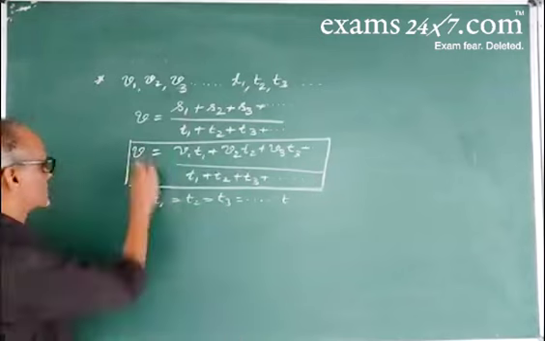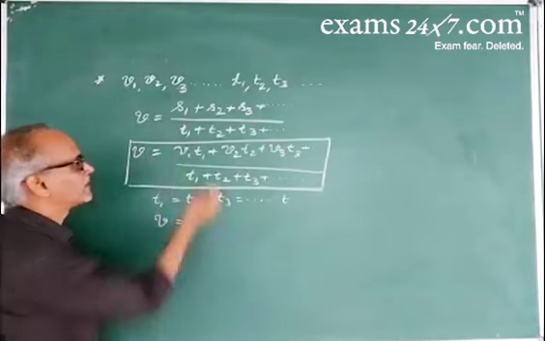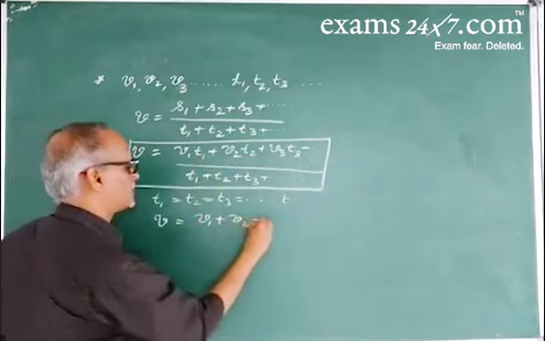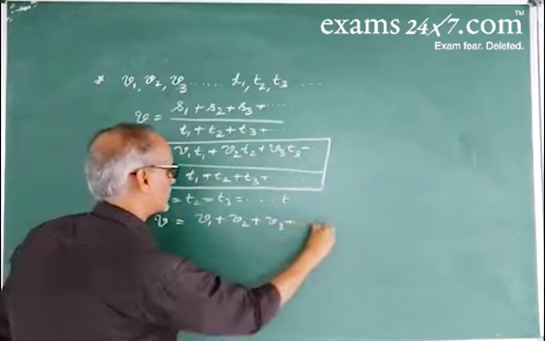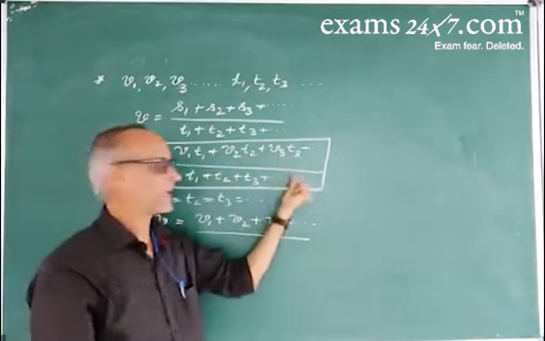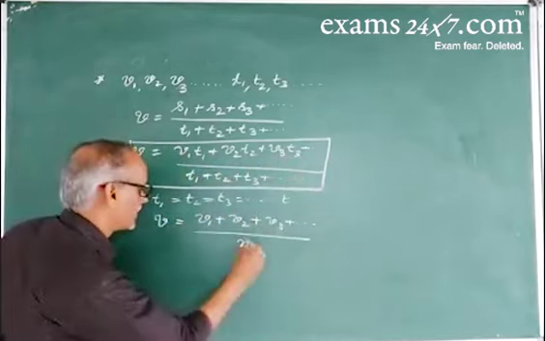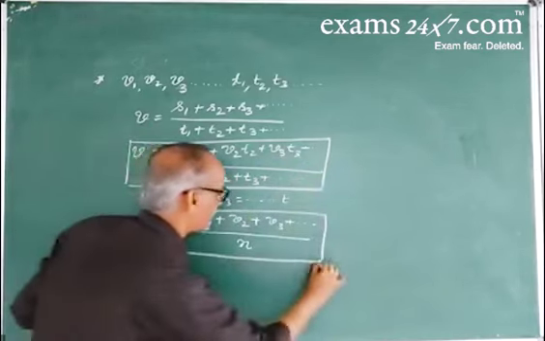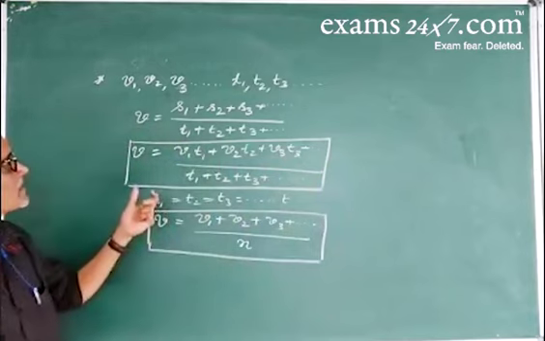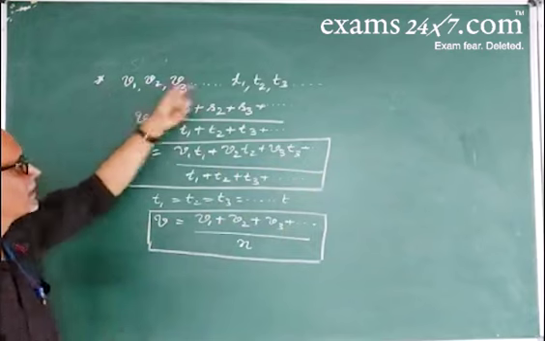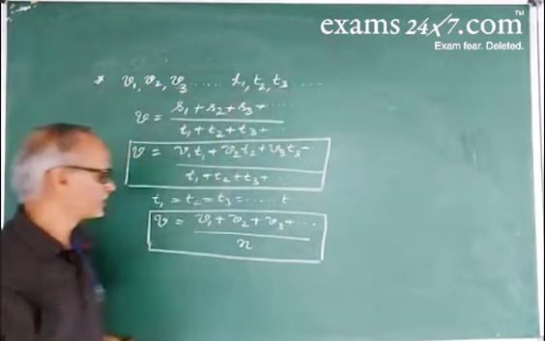So in that case, v is given by v1 plus v2 plus v3 and so on, and when t1, t2, t3 are identical, there are n terms, so divided by n. So we can use this equation only when a body moves along a straight line with the speeds v1, v2, v3 in equal intervals of time.